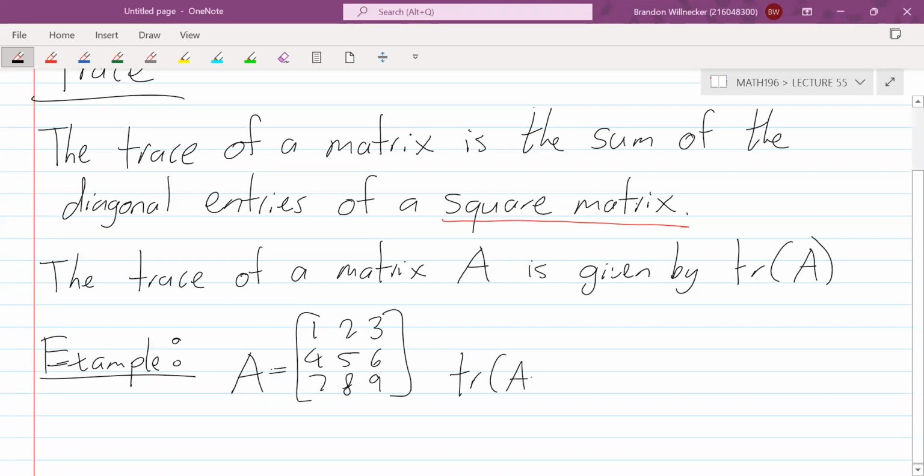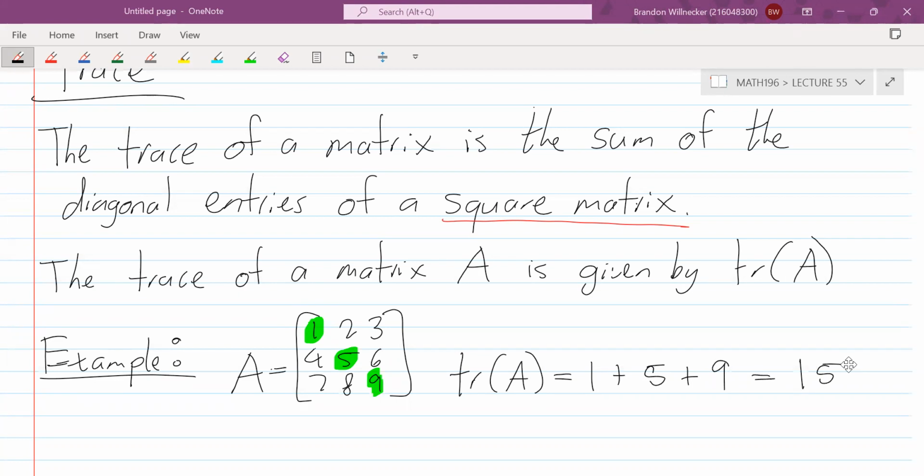So the trace of A is going to be the first diagonal element, which is a 1, plus the second diagonal element, that's a 5, plus the third diagonal element, that's a 9. So in this case, the trace is going to be 15. Whatever square matrix you have, you just sum up the diagonal elements, and that gives you the trace.